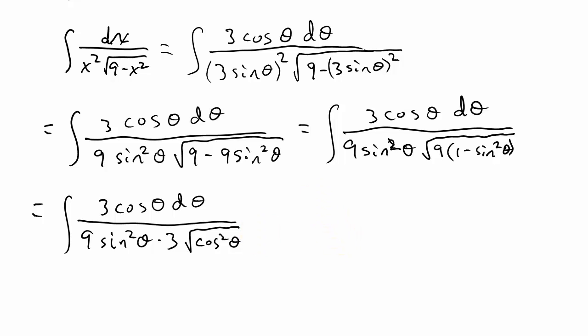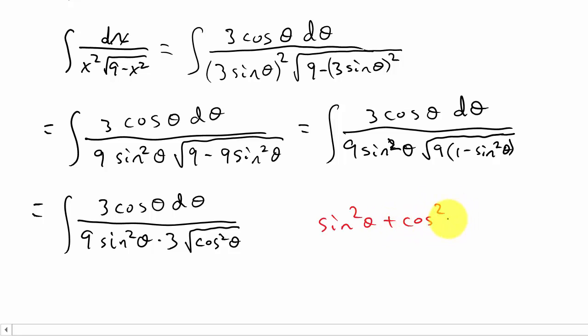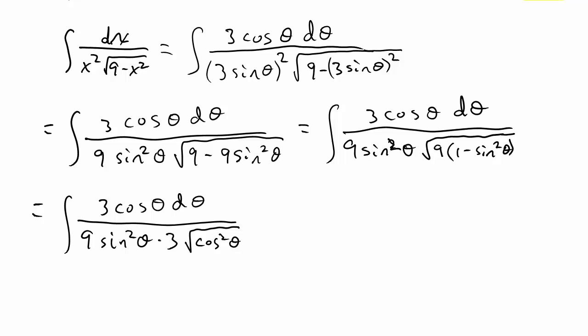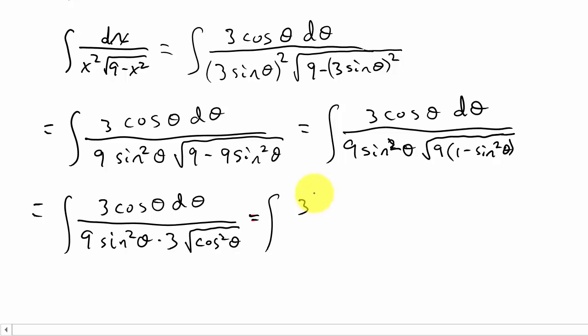Remember your identity: sine squared theta plus cosine squared theta equals 1. If we move the sine squared over, we get cosine squared as 1 minus sine squared. Now we can cancel this 3 and this 3.